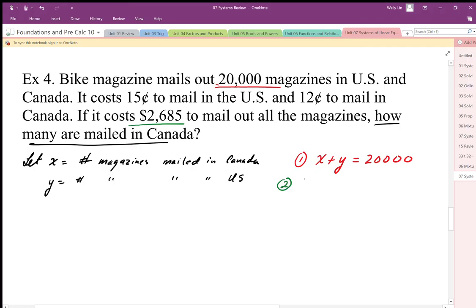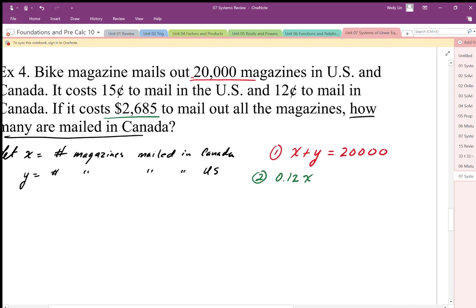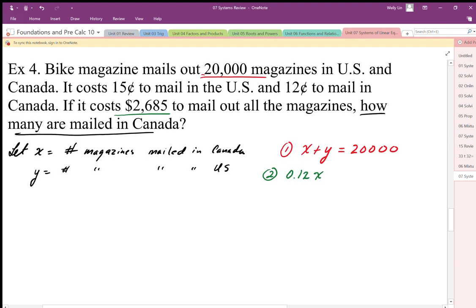We're going to make sure we convert the cents into dollars. So 0.12 times the number mailed in Canada, plus 0.15 as the cost for every magazine mailed in the States, and together they add up to $2,685.